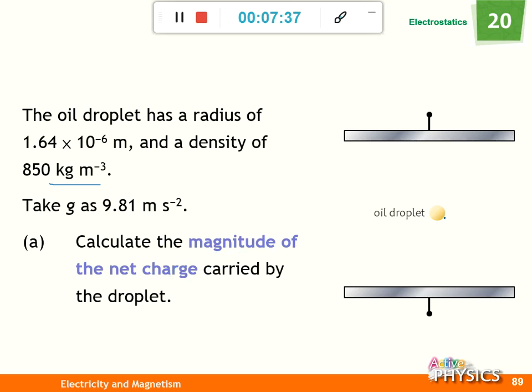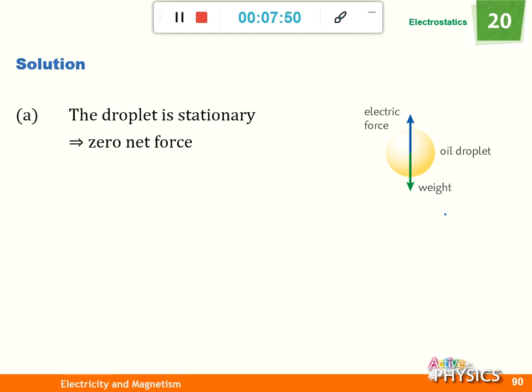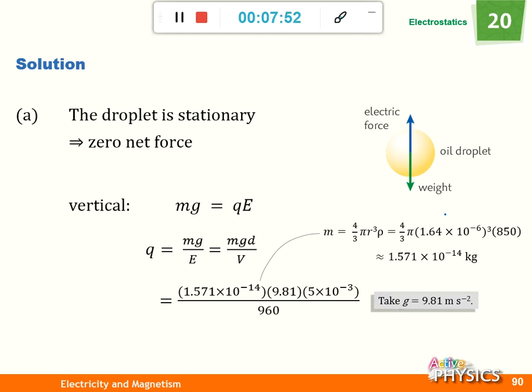Because this is also a mechanics problem, we have the weight mg. But now we want to keep it here. It means that you should provide the same magnitude of upward force to balance it, like that. So you should consider the weight, mg, and the upward electric force. The electric force should be QE.